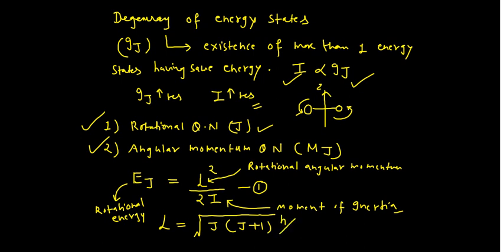So you can write h on 2 pi. This is how you can define L, and you can call this equation number 2.